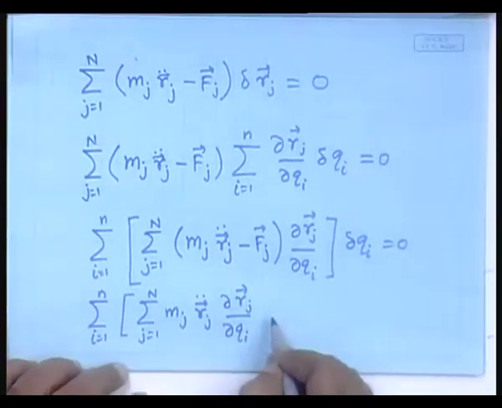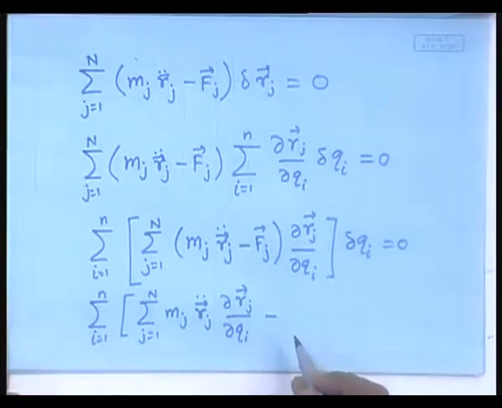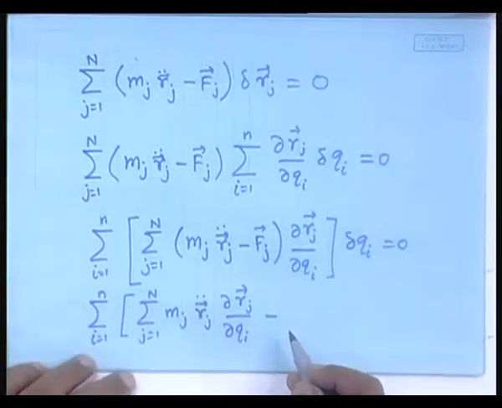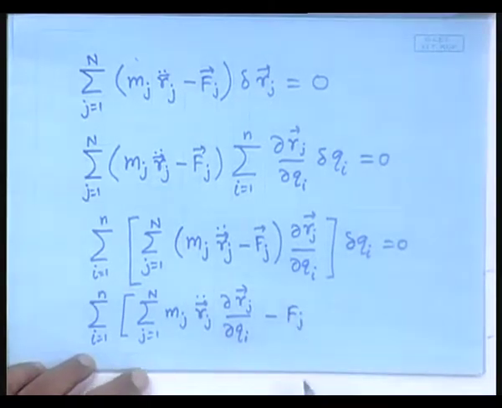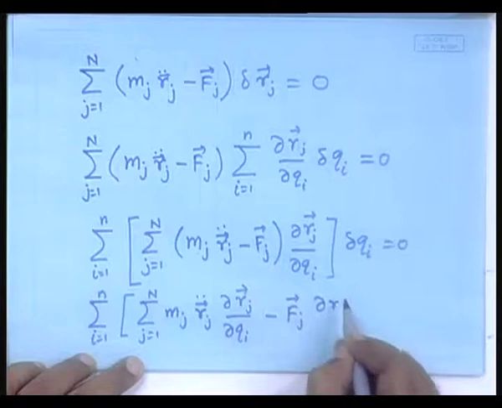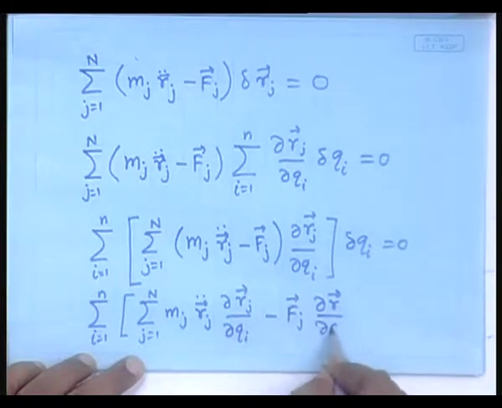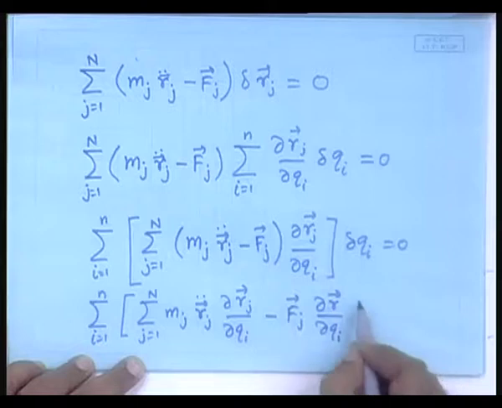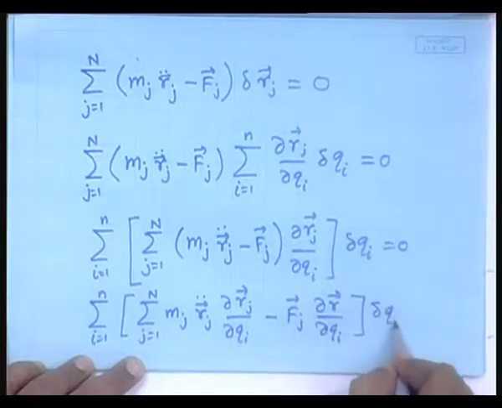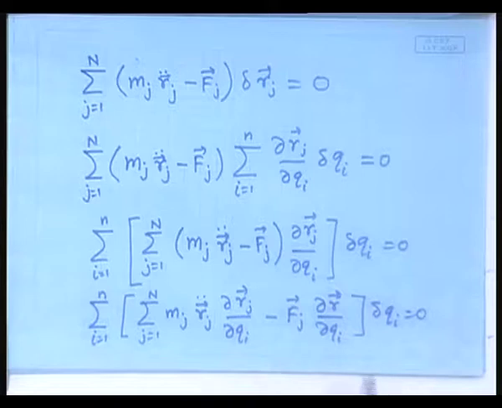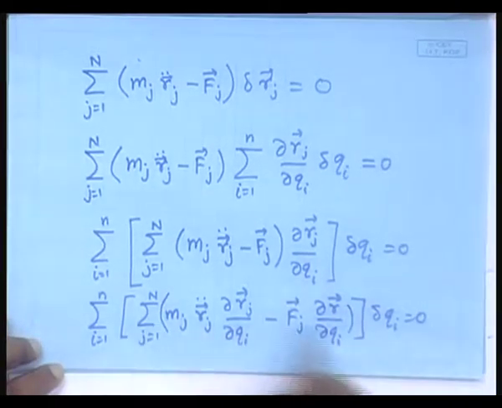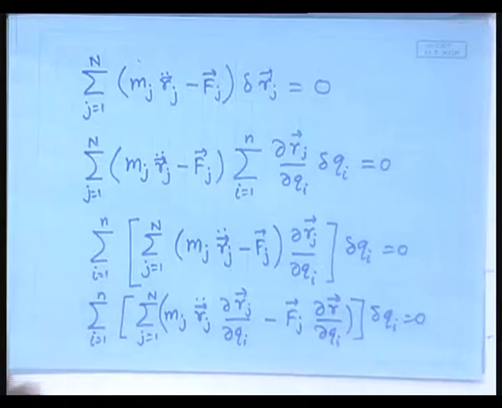I have multiplied it here, minus f j vector times the derivative of r with respect to q i. Just keep check that I am doing it right. Fine, done. So, we have this term. We need to put a bracket here, because the summation is over the whole thing.